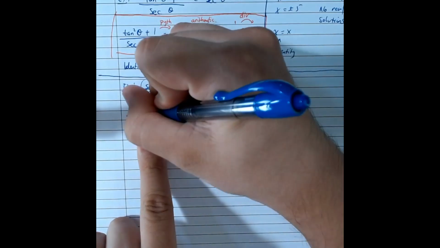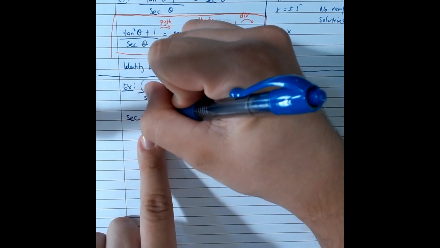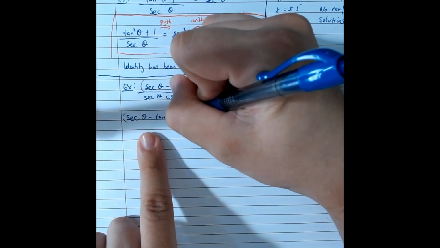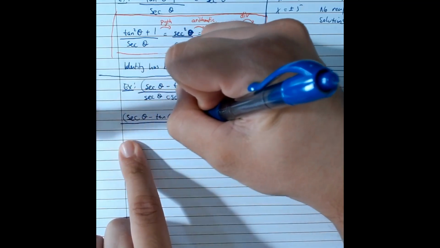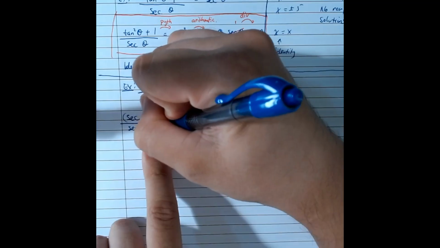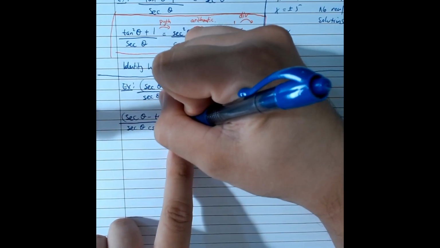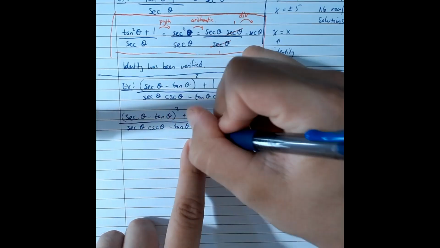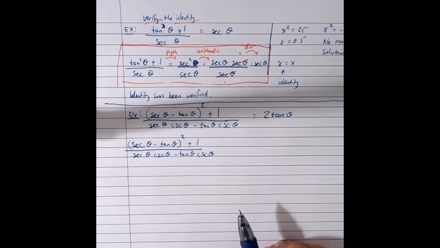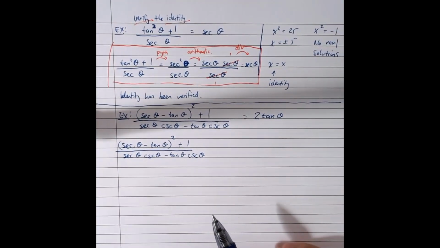All right, secant of theta minus tangent of theta, quantity squared, plus 1 over secant of theta, cosecant of theta, minus tangent of theta, cosecant of theta. Okay. All right, so what we want to do is use identities that we already know.